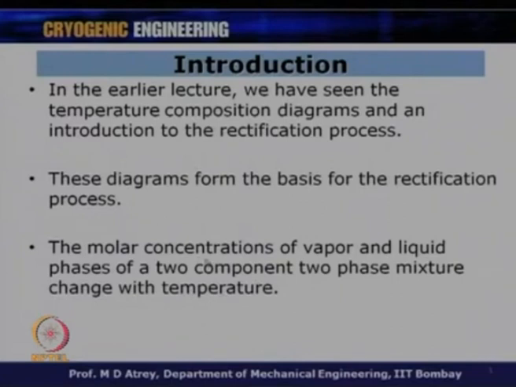At every point during condensation, during the phase change, the vapor phase gets richer in the low boiling component, while the liquid phase gets richer and richer in the high boiling component. This is exactly what happens as the temperature is reduced.